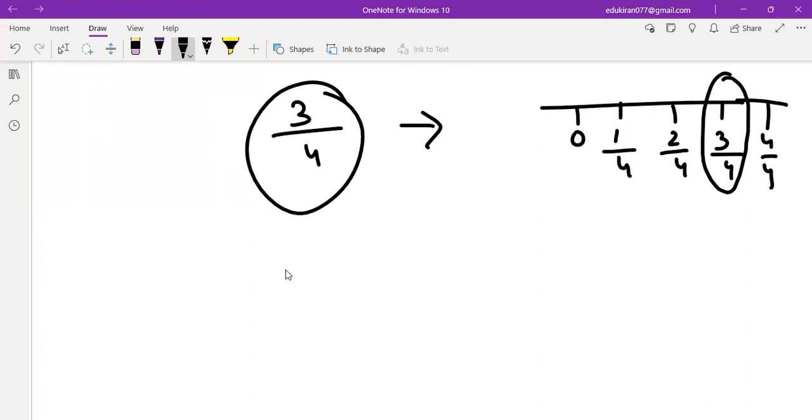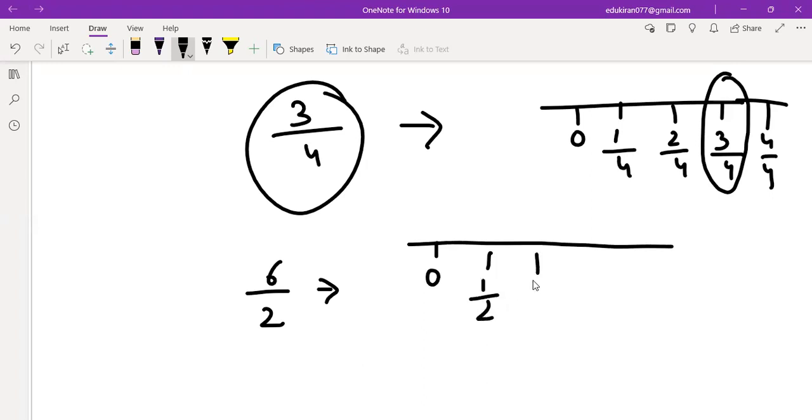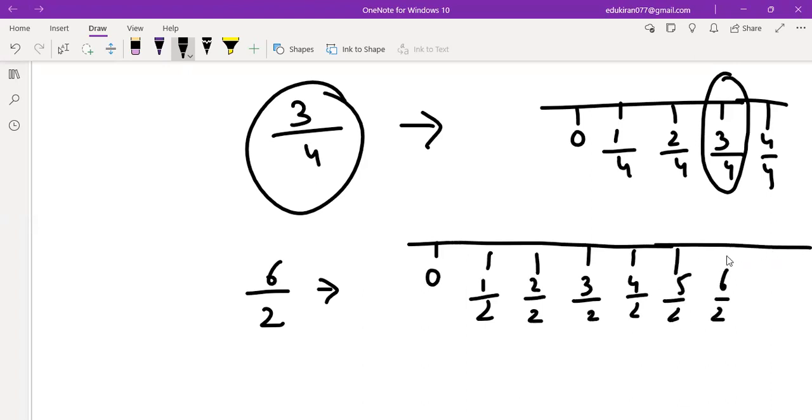Clear? In case I give 6 upon 2, the denominator will remain same. You have to only change the above one. 0. Then over here 1 upon 2, 2 upon 2, 3 upon 2, 4 upon 2, 5 upon 2, 6 upon 2. Right? So ma'am, this is 6 upon 2.